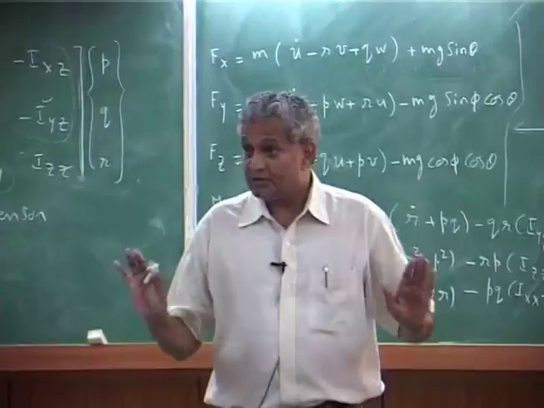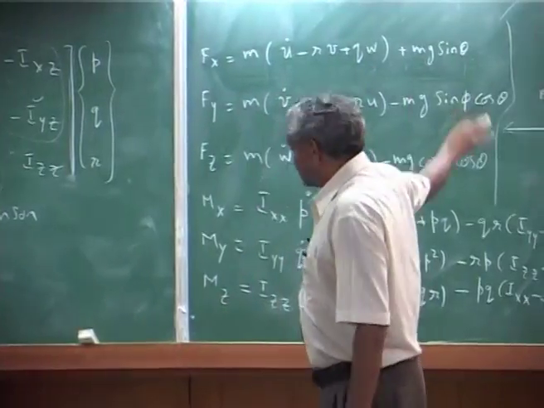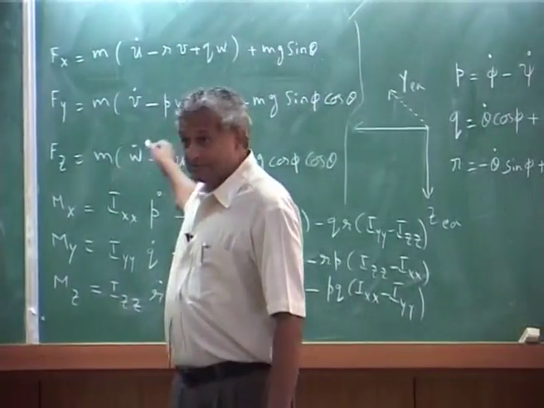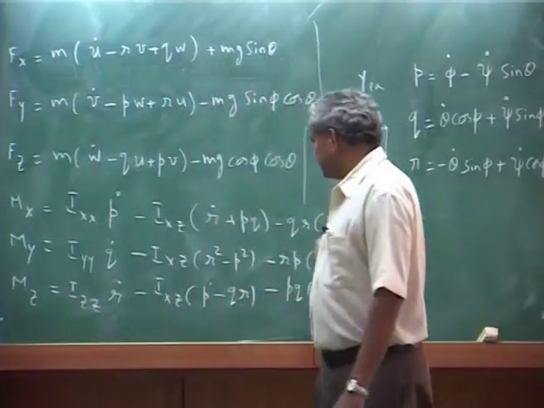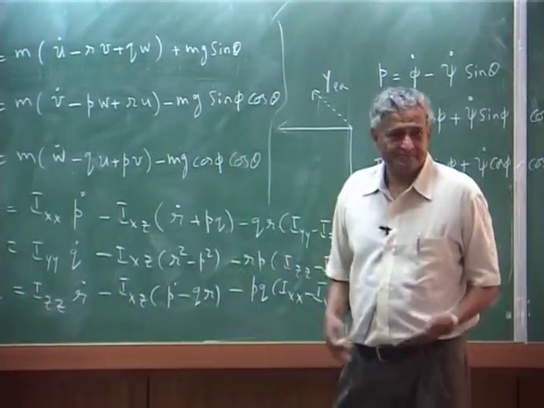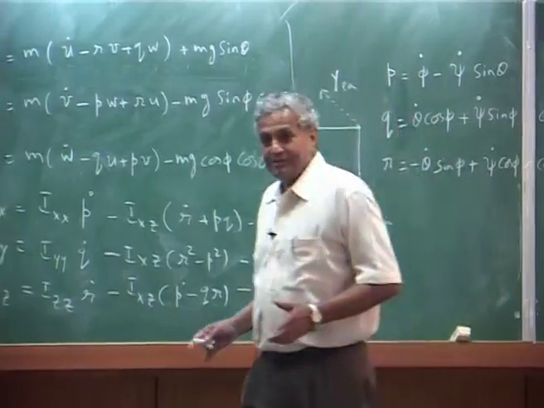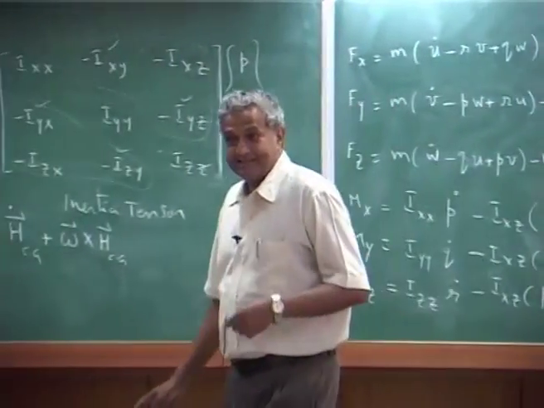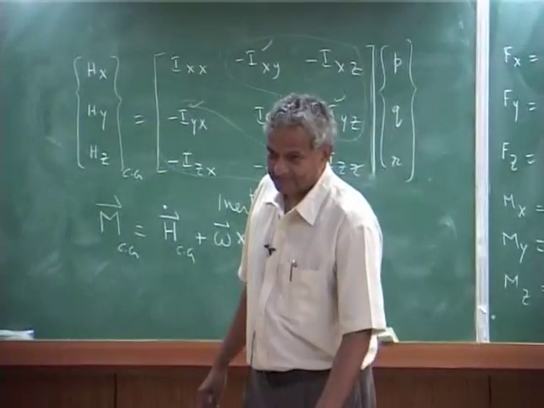Only these two are solved using these equations. Otherwise, this is a fully nonlinear equation, because you see p square, r square, p q, everything is nonlinear. So, solving it is not that straightforward.